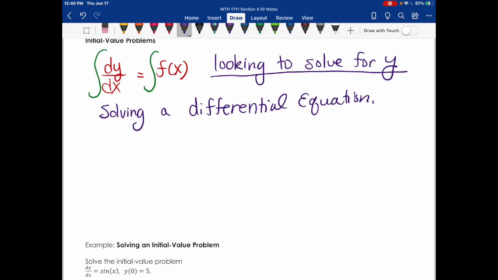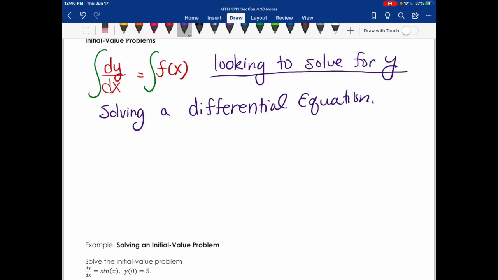When you solve a differential equation, it means that you're finding that function of f that you're looking for. And when you integrate, remember you come up with a plus c, that unknown constant. Well, in order to find that unknown constant, you have to have some additional information to plug in to figure out what that unknown constant is, and that's what's called an initial value problem.